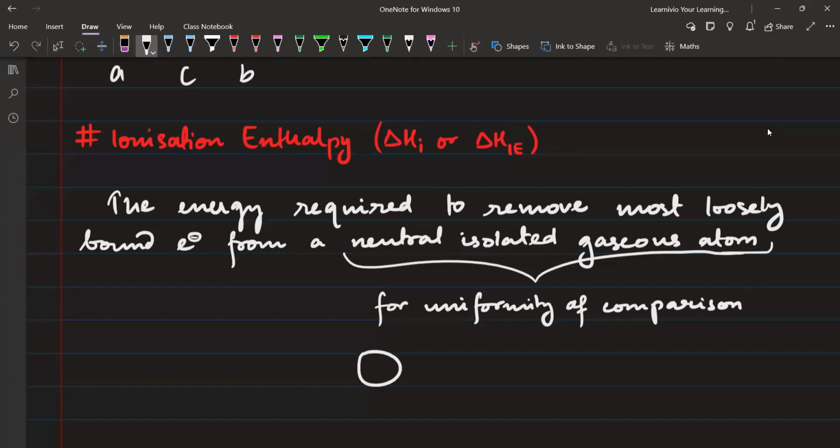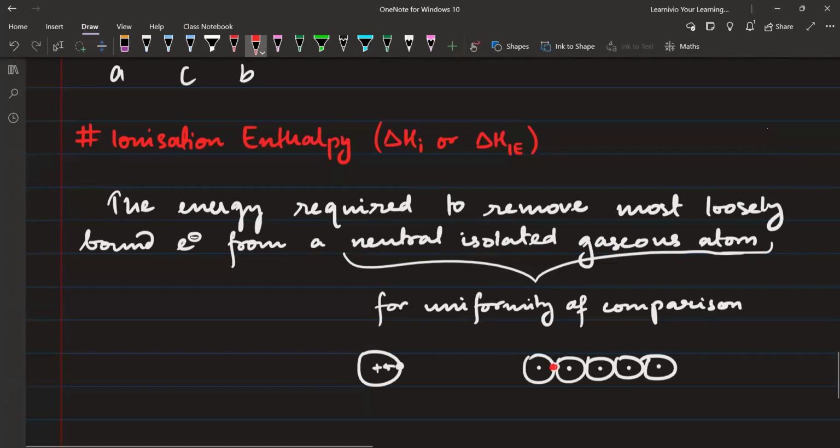We have only one atom, with some protons, and that nucleus is the only one attracting the electron. If I take a solid metal, everything is completely packed. These are the nuclei, and there will be electrons here. I'm showing the red as the electron of this atom and the blue as the electron of the other atom.